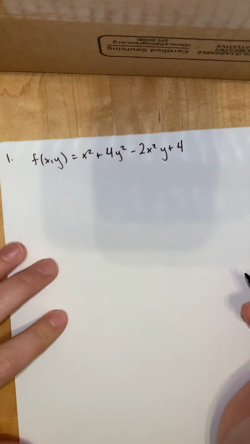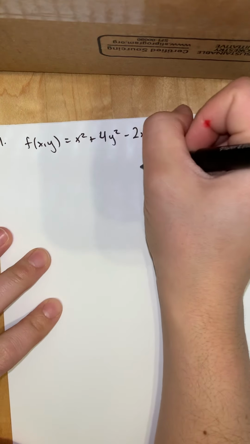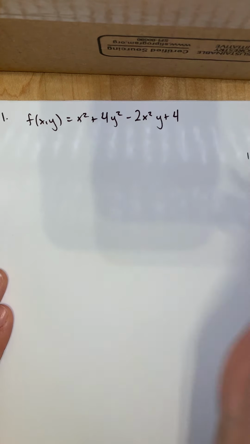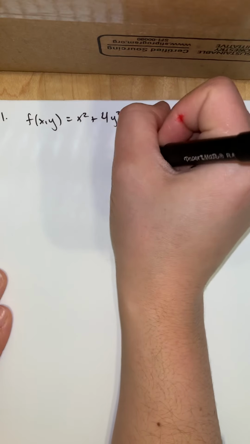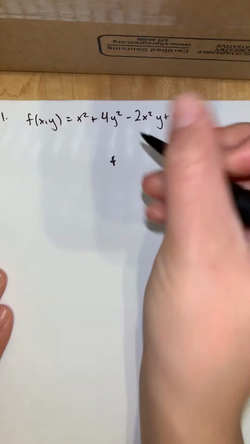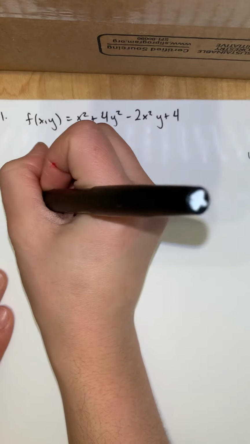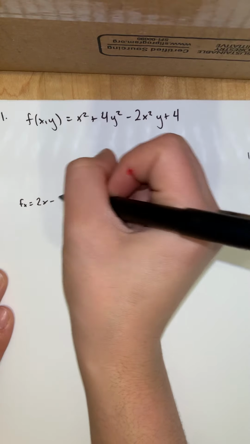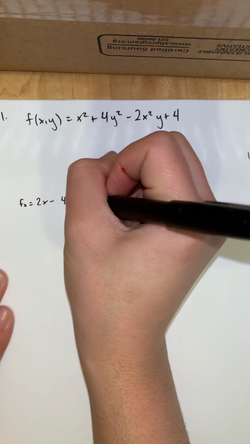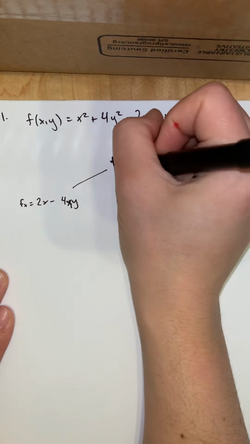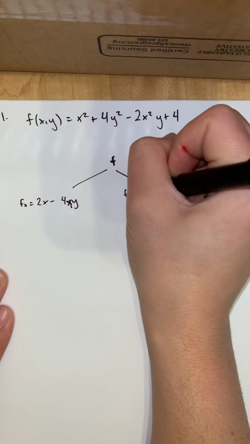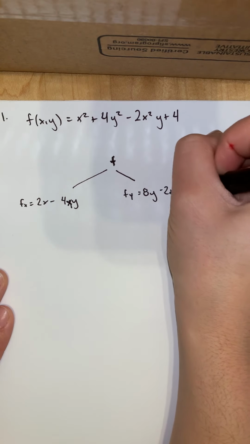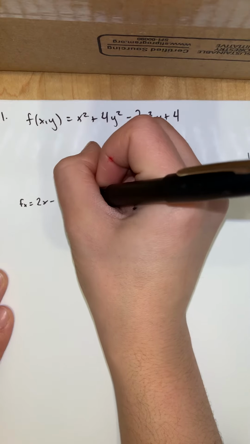Okay, so the first thing I want to do is find all of my partial derivatives. Let me know what my margins are so I can try to center myself. So there's my function f. I'm not going to rewrite it. F sub x is going to be 2x minus 4xy, and f sub y is going to be 8y minus 2x squared.